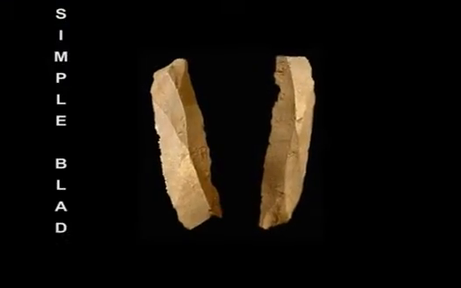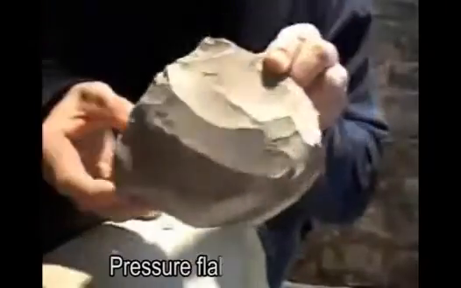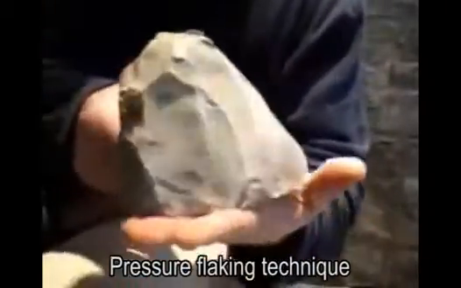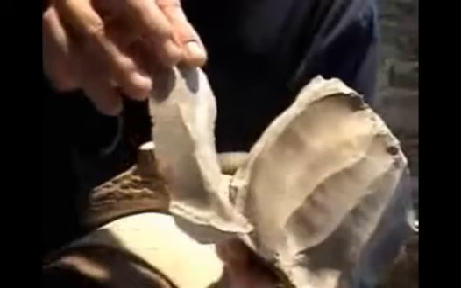As stated above, a blade is a long and thin parallel side flake. It is produced by pressure flaking technique. It cannot be used as a tool without further modification.